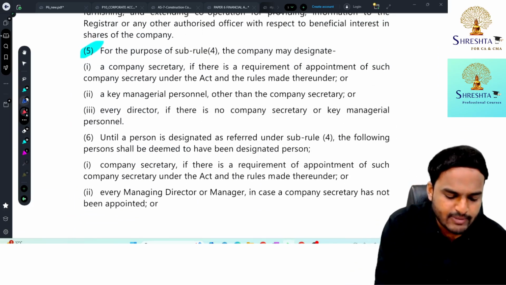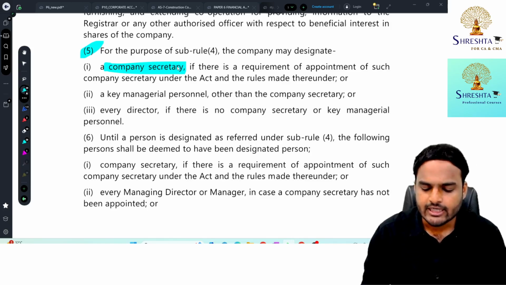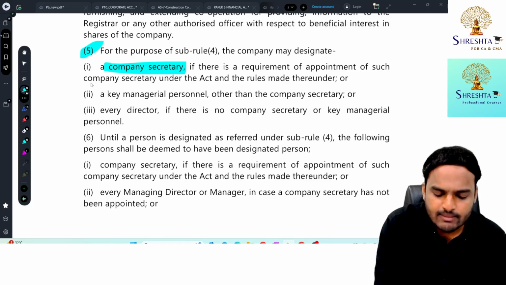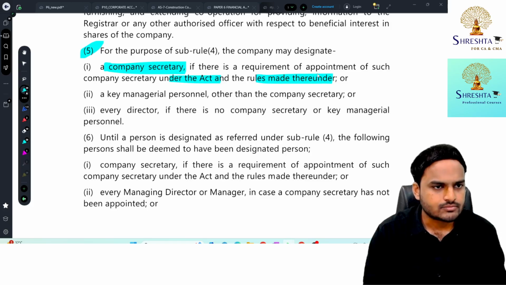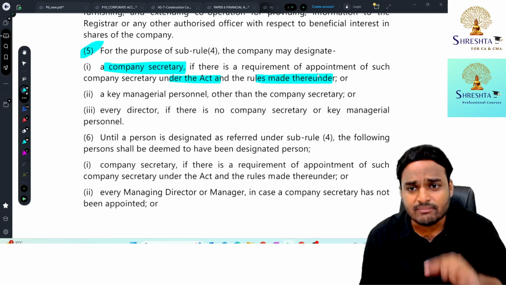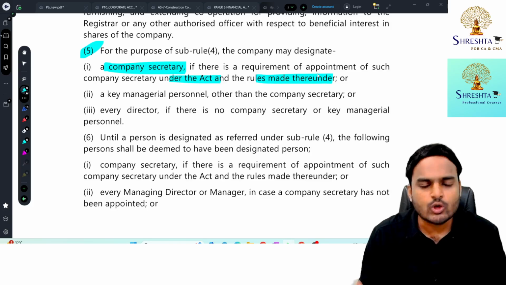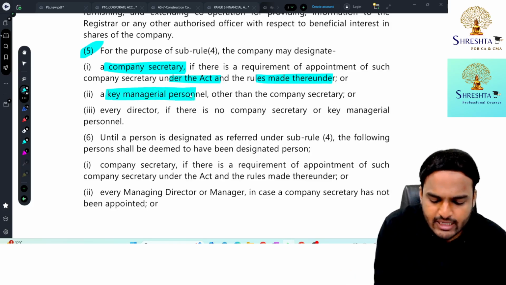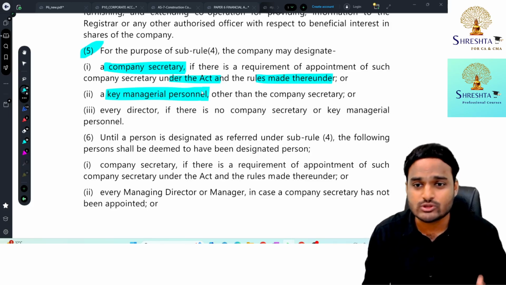The first one is a company secretary, if there is a requirement of appointing such a company secretary under the Companies Act and the rules made thereunder. If there is any such requirement, the company must have a company secretary, who may be the designated person. In case there is no company secretary, then a key managerial personnel: managing director, whole-time director, manager, CEO, CFO.